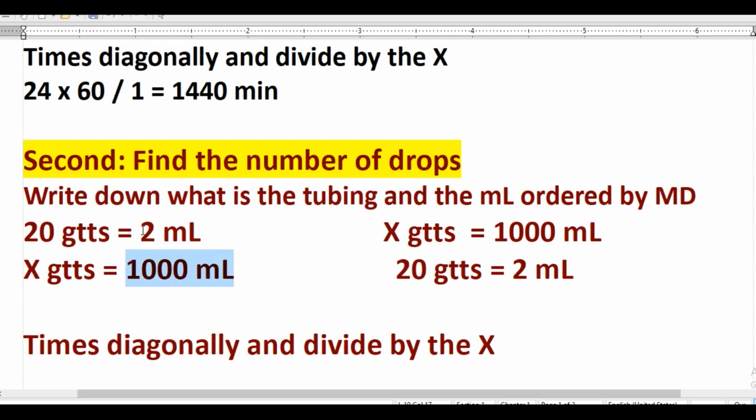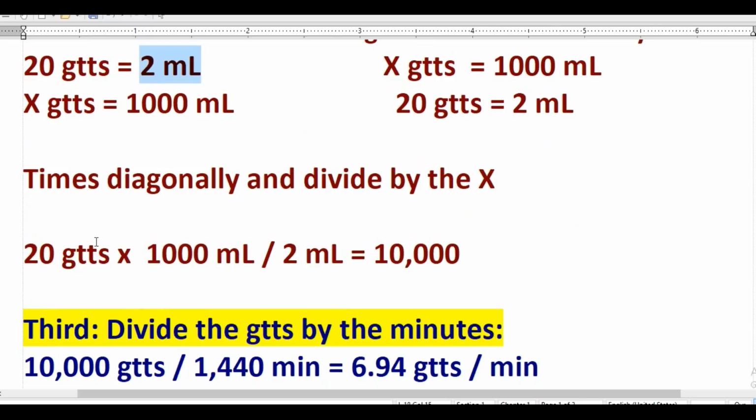So 20 drops times 1,000 is 20,000. Divided by 2. So it would be written like this. 20 drops times 1,000 milliliters divided by 2 milliliters is 10,000 drops. Right? 10,000. Let's put drops here.